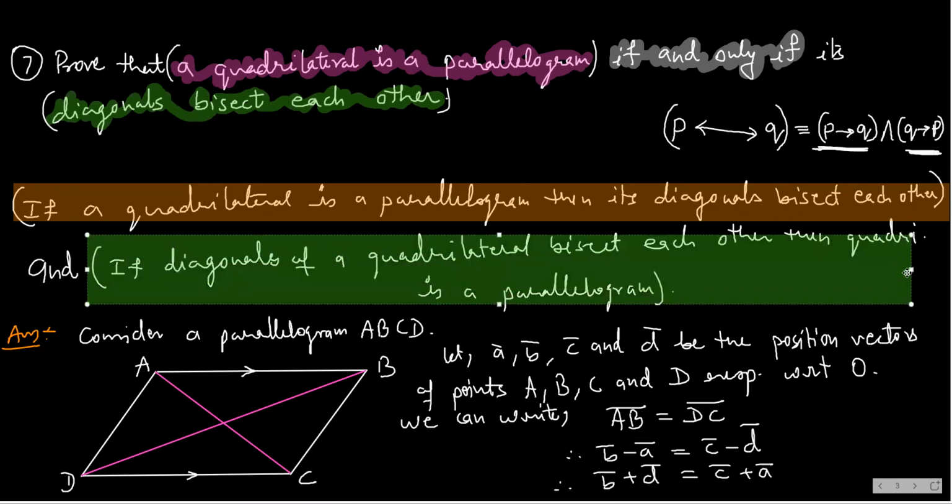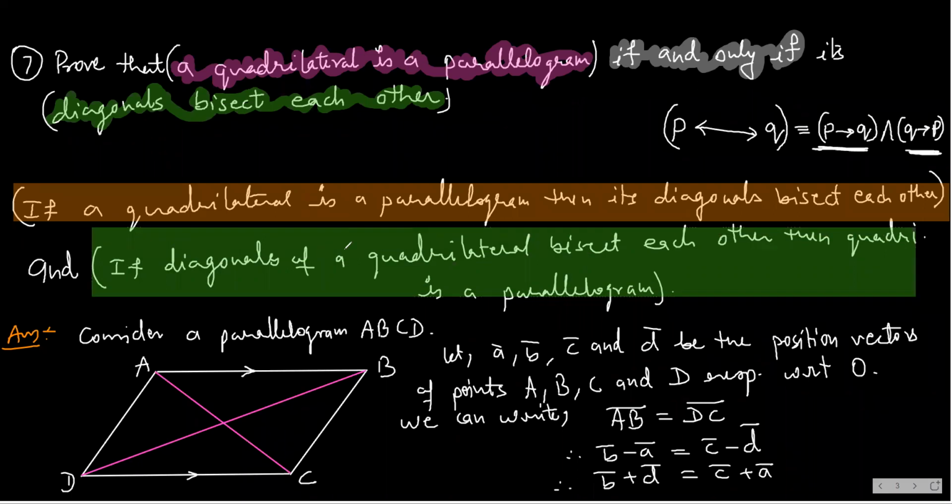In this, we will start with diagonals of the quadrilateral bisecting each other. Now what we are going to do is exactly the converse of the earlier thing that we did.